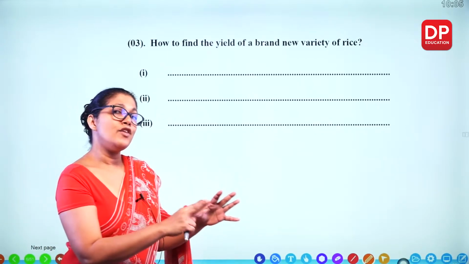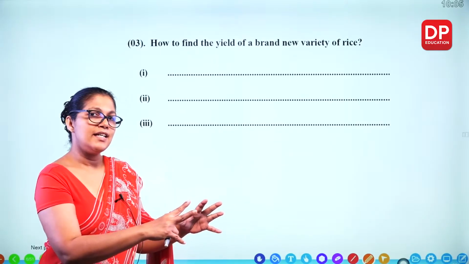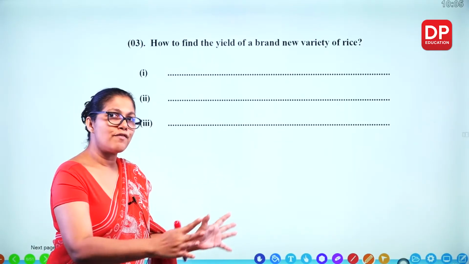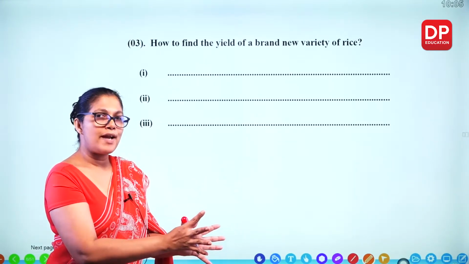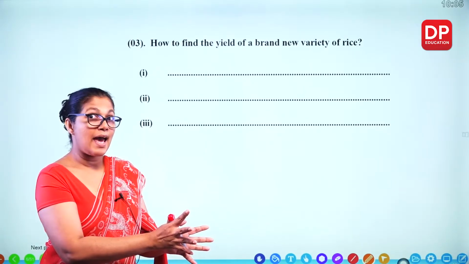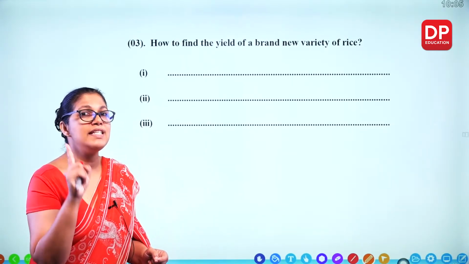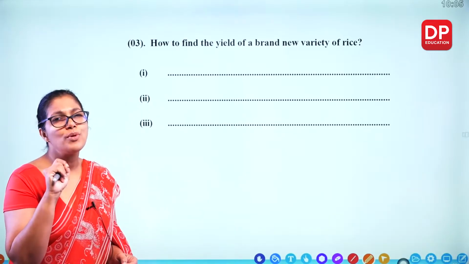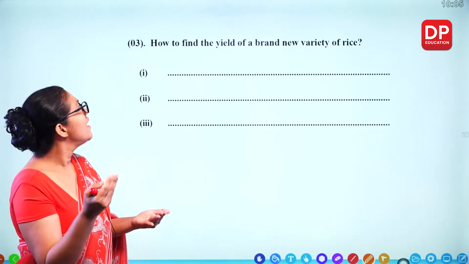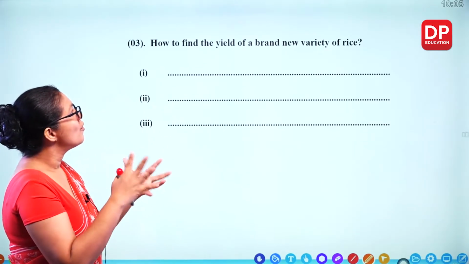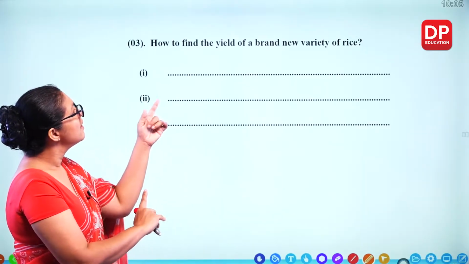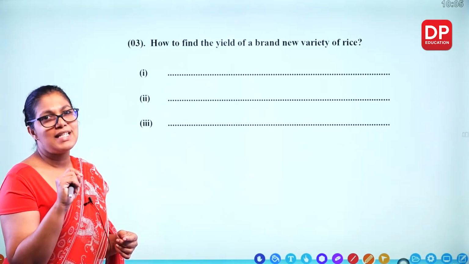Then when you take the yield, you can measure what you get from that separate area, and you can find out the yield per unit area. So then you know what's the yield per unit area.